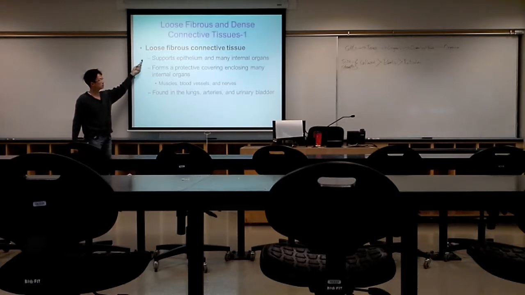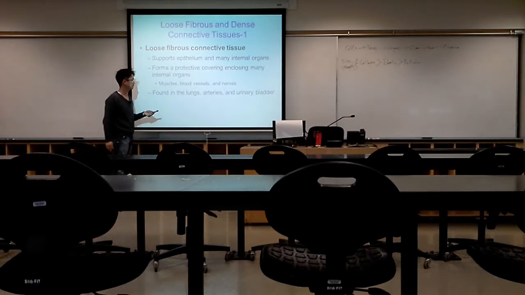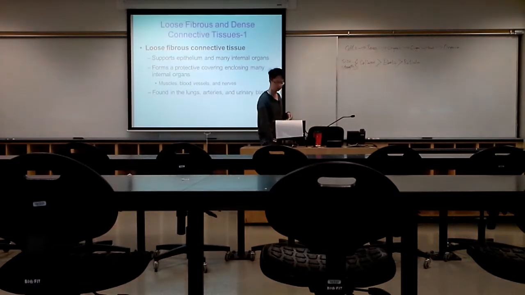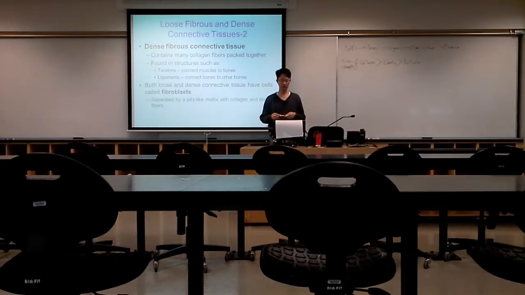You can find this loose fibrous connective tissue in muscle, blood vessels, and nerves. They are also found in the lung, arteries, that means the blood vessels, and the urinary bladder. You can find it in almost all kinds of organs or tissues.